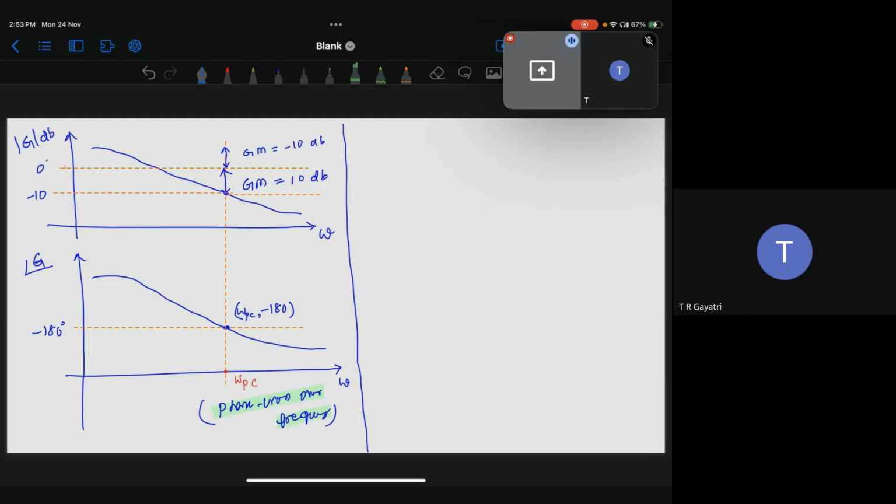There we have what is called the gain margin. Gain margin is how much the magnitude plot went below or above the 0 dB line. This is one part. The other part, same curves we can consider.